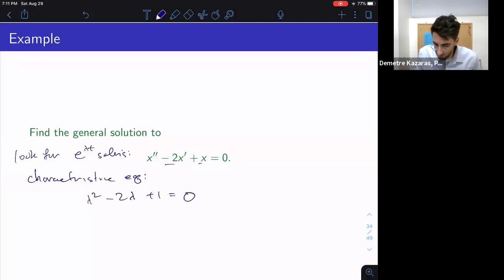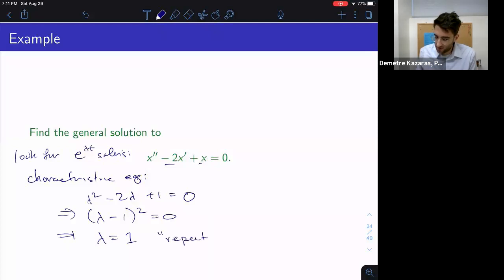Okay, so we want to find the solutions. Well, notice that this thing factors. It's lambda minus 1 squared. So we only get one solution to this equation, lambda equals 1, and this is a repeated root. It has multiplicity two.